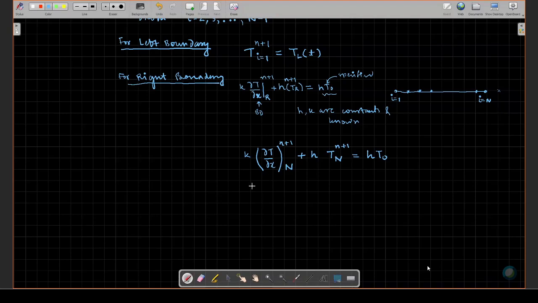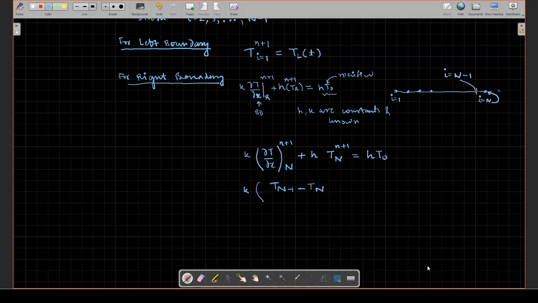So the backward difference of this is k times, what is the backward difference you'll get? T n minus 1 minus T n. This is I n, and this is I n minus 1, I equal to n minus 1.